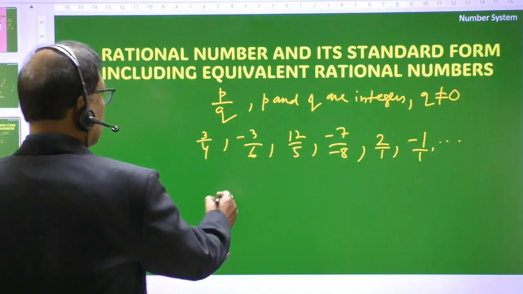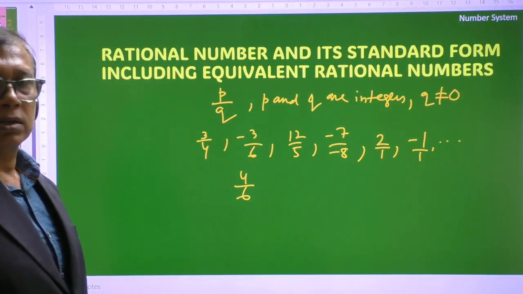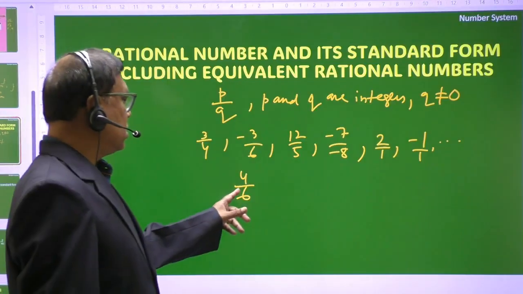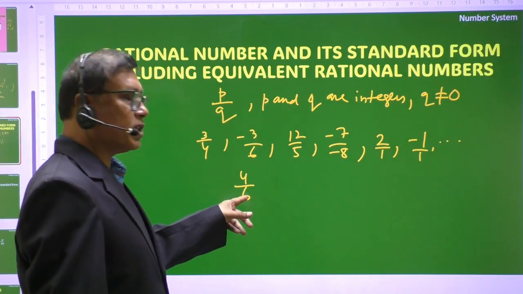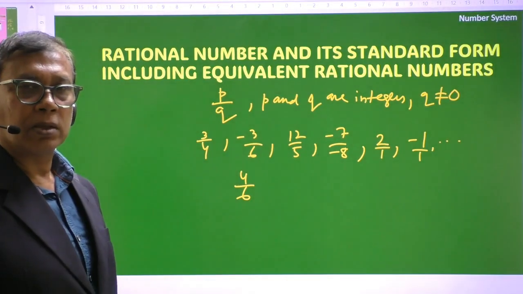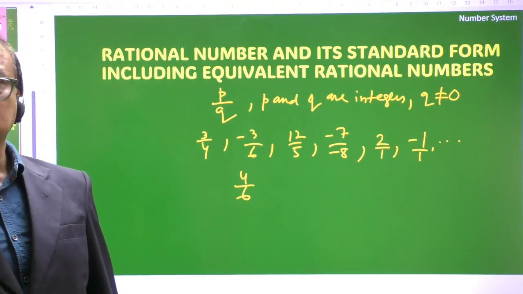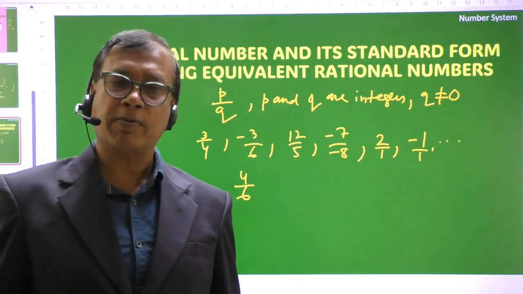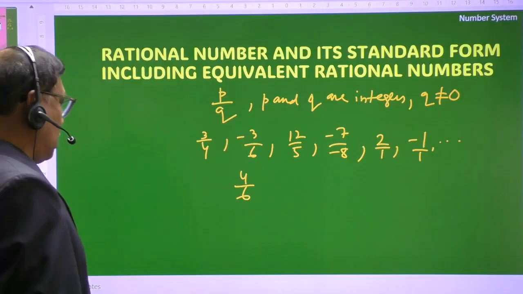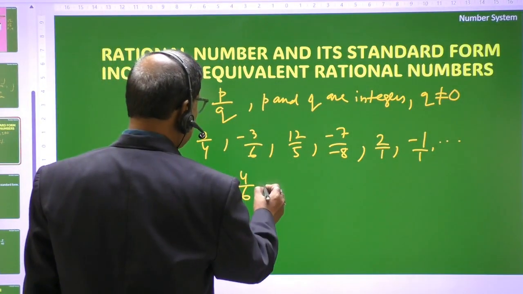So if I take 4/6, this rational number is not in standard form because, though 6 is positive, 4 and 6 are not coprime. Coprime means they have no common factor other than 1. So 4 by 6 is not in standard form.